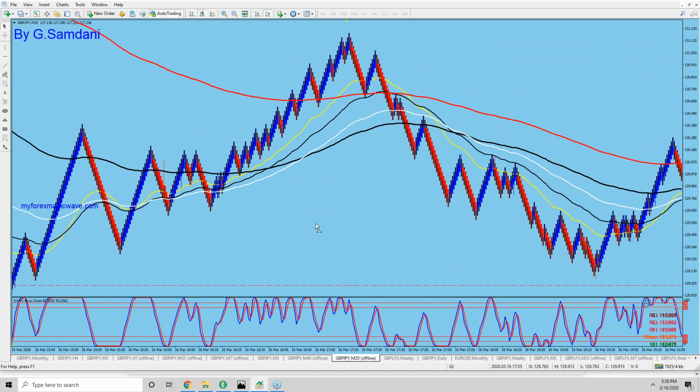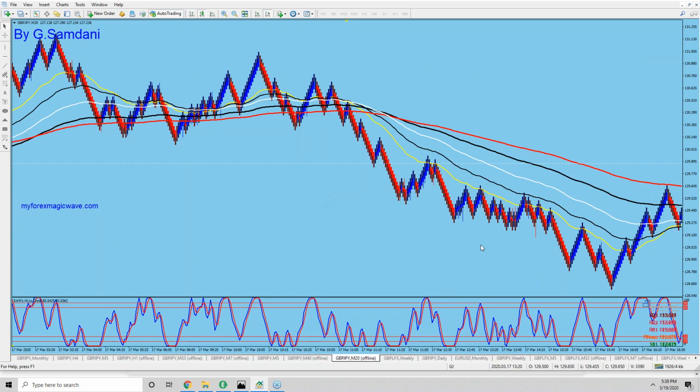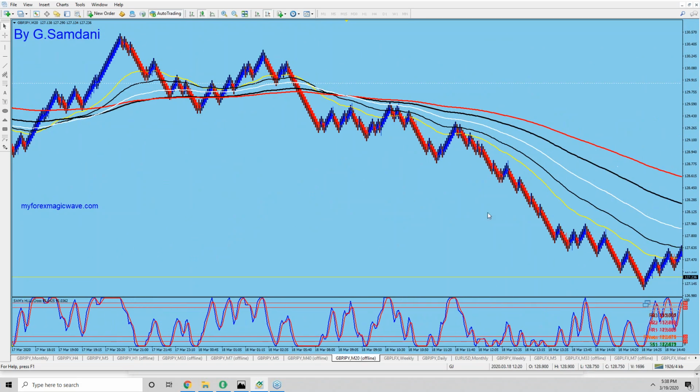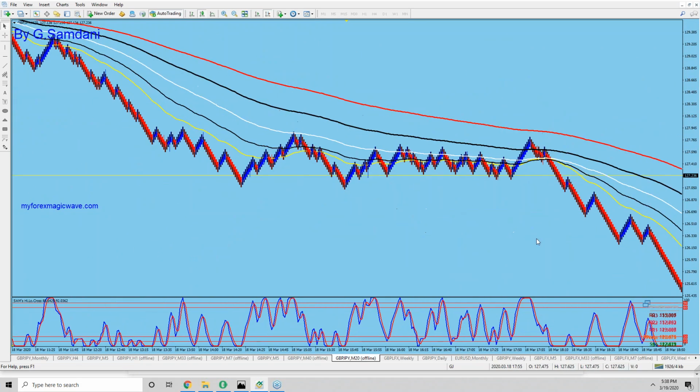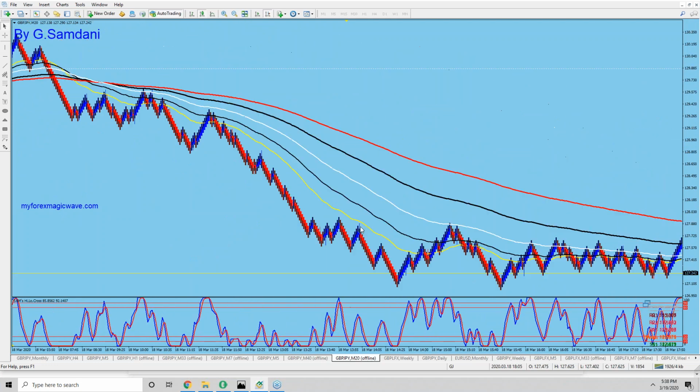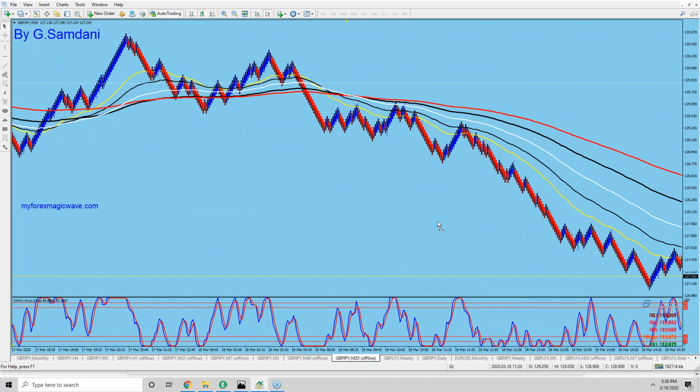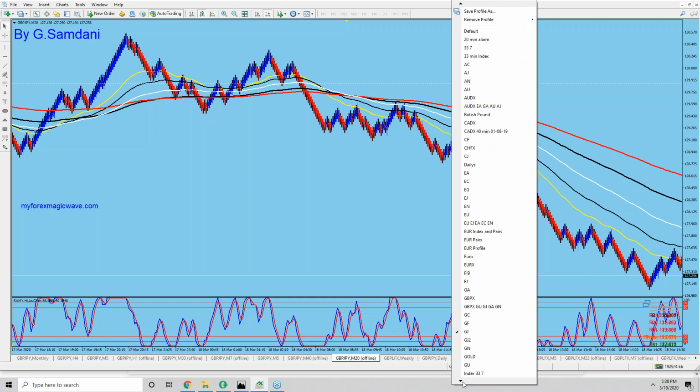Okay, the pair is all just dropping, so that's why I don't have a bullish scenario. It's all dropping here, right? So for a bullish scenario, which pair is going up? Let's say USD CAD.